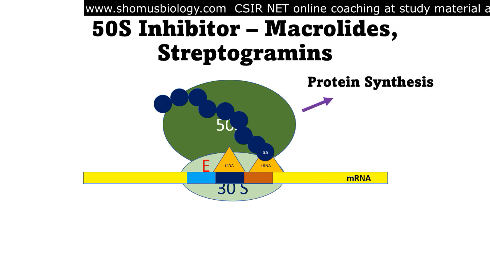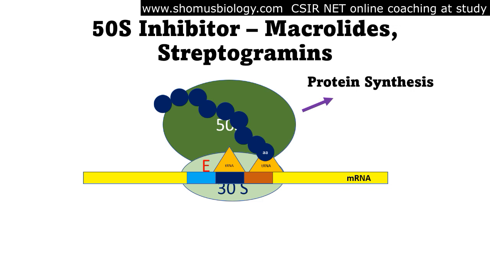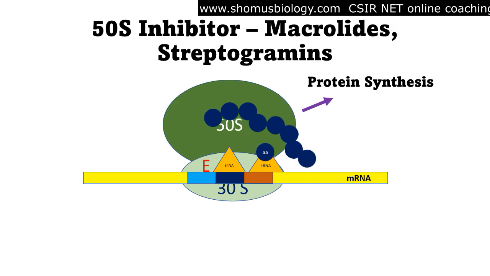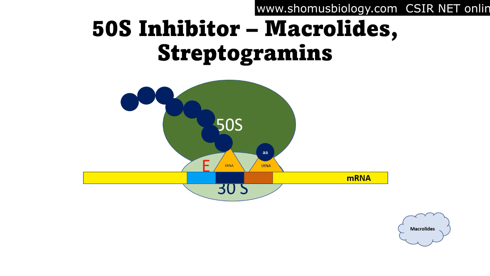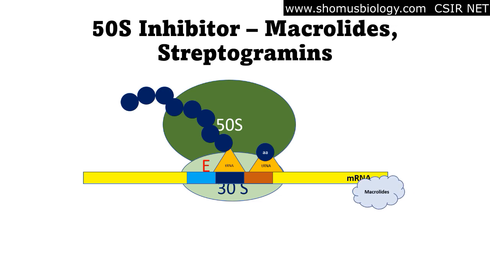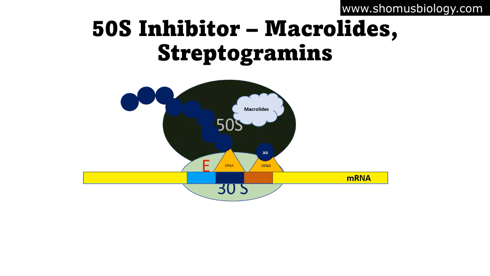This is the common elongation method of protein synthesis, and these 50S subunit inhibitors prevent this transpeptidase or peptidyl transfer reaction. So let's go back. If this is, let's say, a macrolide, the macrolide antibiotic will bind to the 50S subunit, and upon binding it restricts the catalytic function of the 23S rRNA of the 50S subunit of this bacterial ribosome.